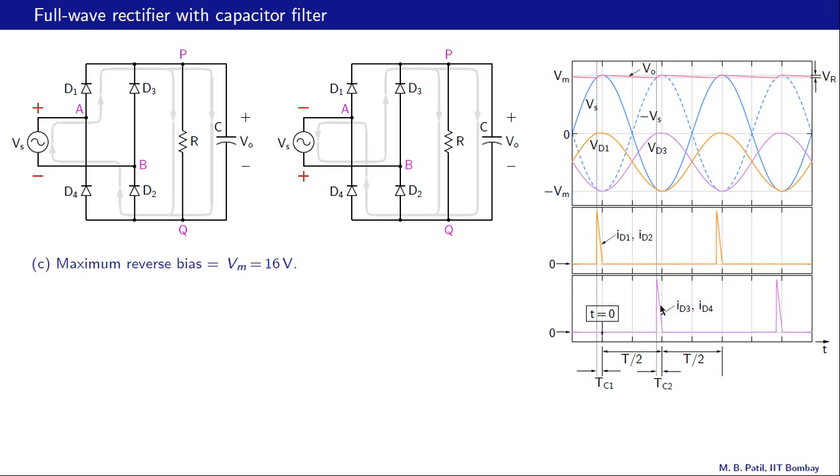So let's look at the circuit when D3 and D4 conduct. In this circuit, D3 is conducting, so no voltage drop there. D4 is conducting, so no voltage drop here.